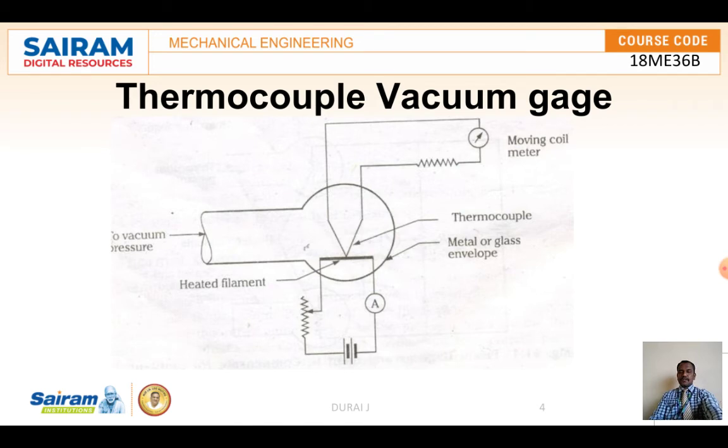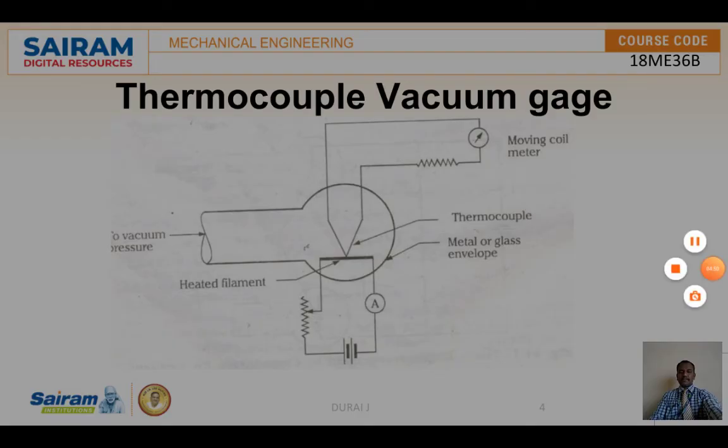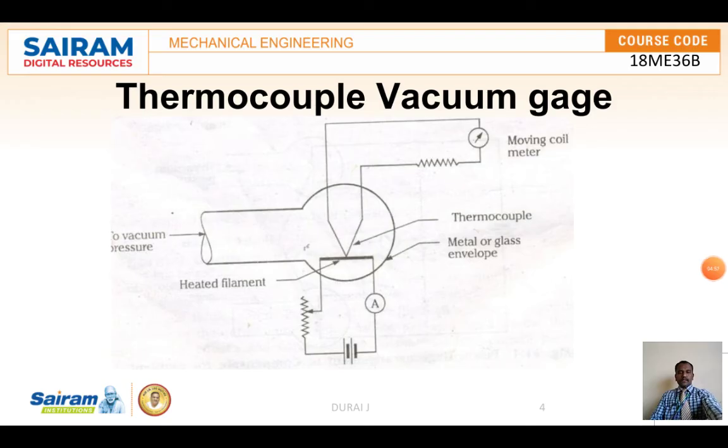Then we come to the thermocouple vacuum gauge. It works on the same principle as the Pirani gauge, but differs in how the filament temperature is measured. In this gauge, the filament temperature is measured directly by means of thermocouples welded directly to it, as in the figure.